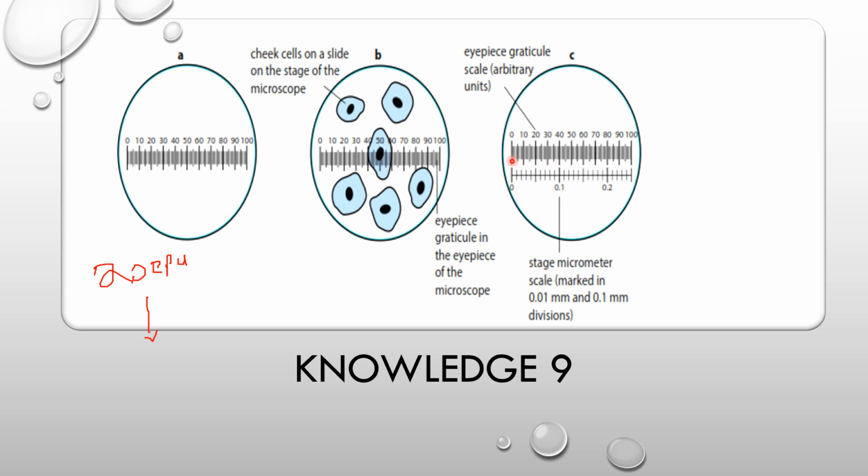Within that overlap, the eyepiece from here to here is 10, 20, 30, 40 divisions. For the stage micrometer, from here to here is 0.1 millimeters.